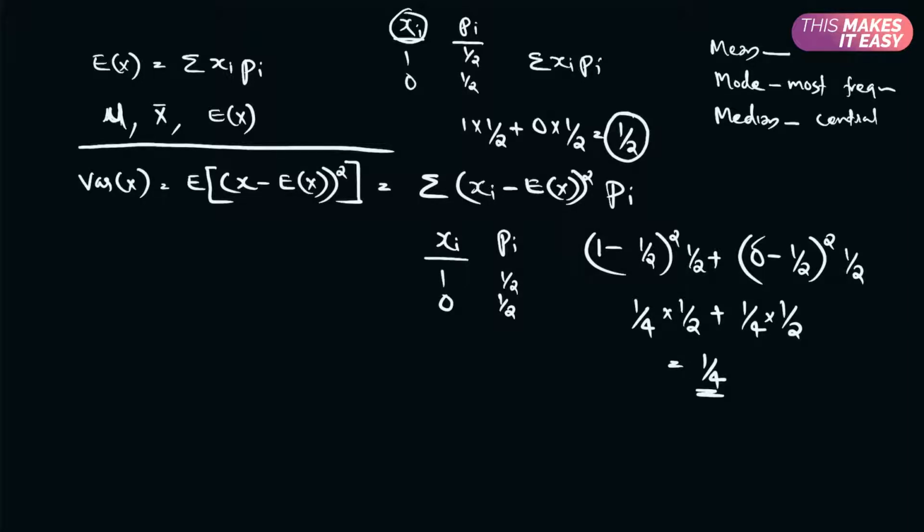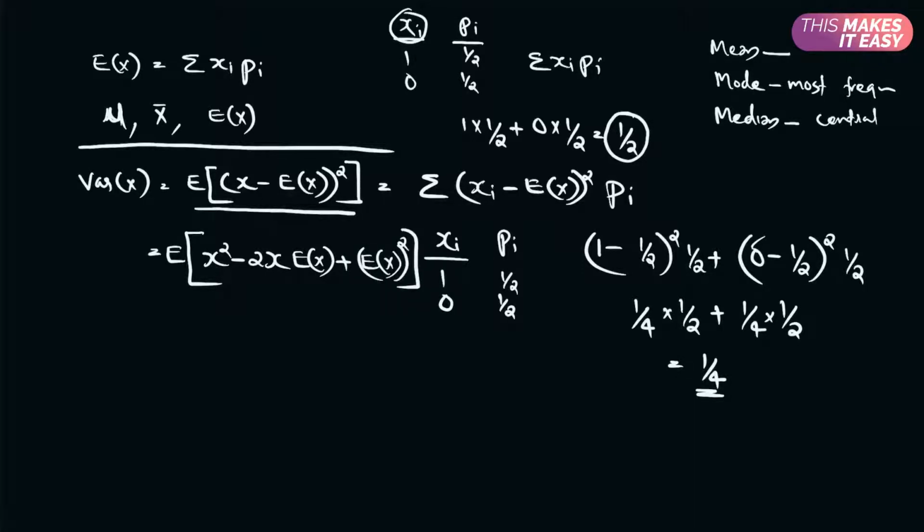This can be done in another way also. We can expand this equation. We can write it like this: expectation of x square minus 2x expectation of x plus expectation of x square.